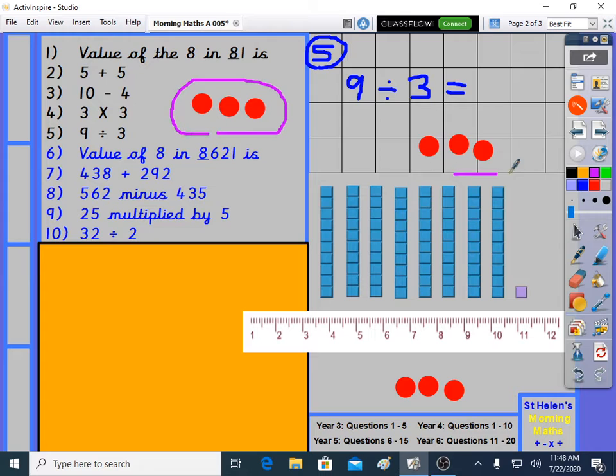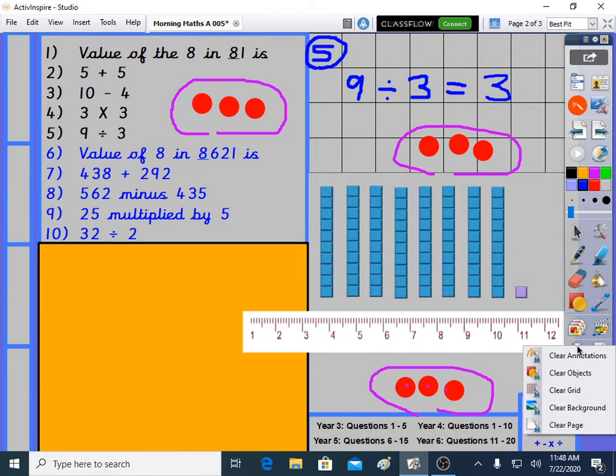The answer is whatever each group has. What do they have? 1, 2, 3. They've got 3. The answer is 3. 9 divided by 3 is 3. So that's what division is. It's sharing, or it's finding out how many times 3 will fit into 9. Let's move on to the Year 4 level questions.